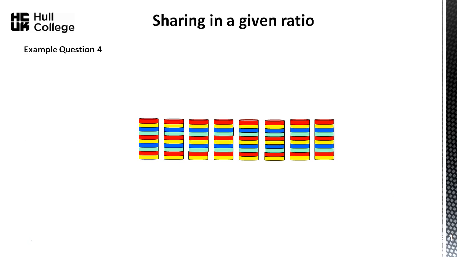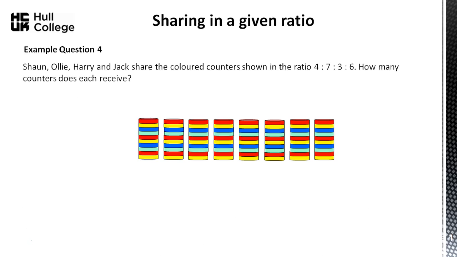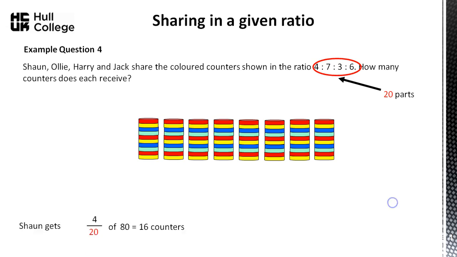Example question 4. Sean, Ollie, Harry and Jack share the coloured counters shown in the ratio 4:7:3:6. How many counters does each receive? Again, add up the ratio parts. 4 plus 7 plus 3 plus 6 is 20 parts.